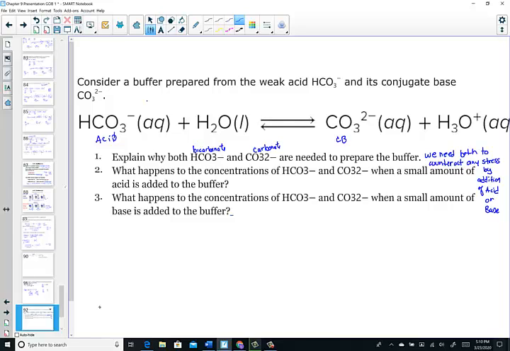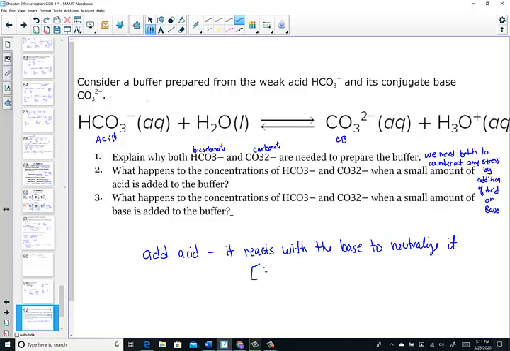What happens to the concentrations of bicarbonate and carbonate when a small amount of acid is added to the buffer? What happens to the acid? If we add acid, what does it react with? It reacts with the base. So what would happen?